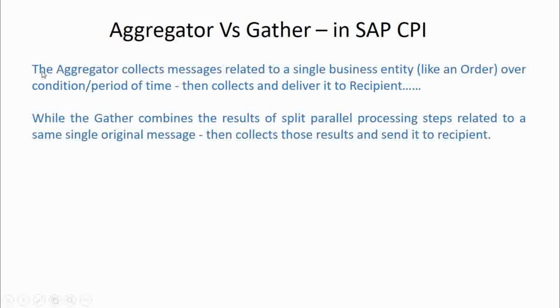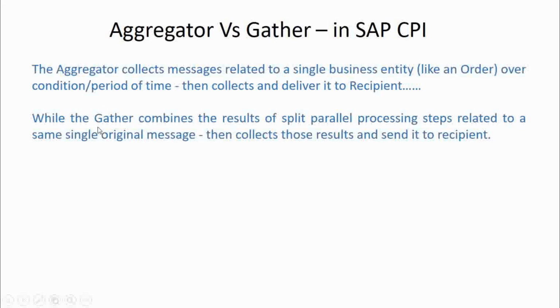That means once the message is received by the iFlow, it will not immediately deliver to the recipient. It will keep on collecting until some condition is met. Then it delivers to the recipient. So the messages are coming from a single source or single entity, right?